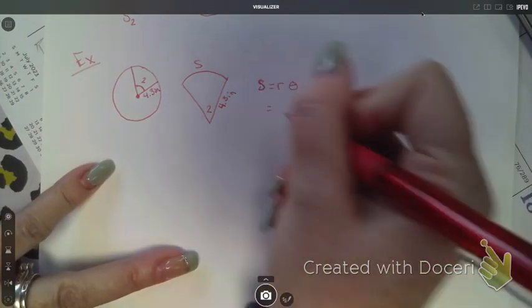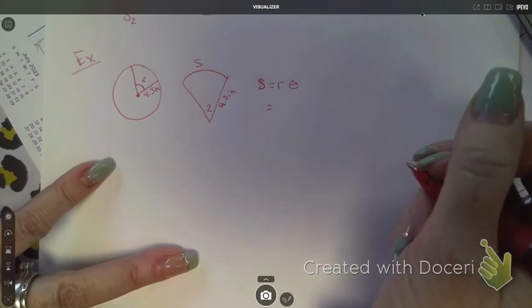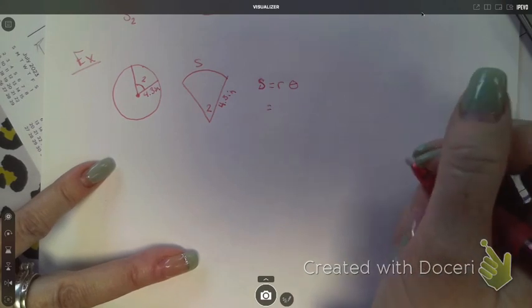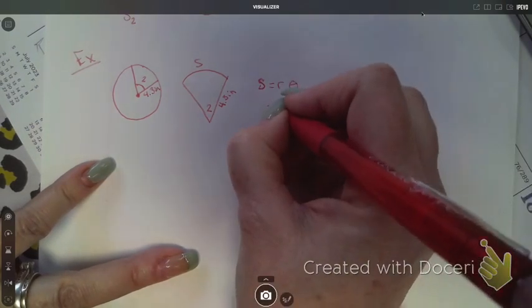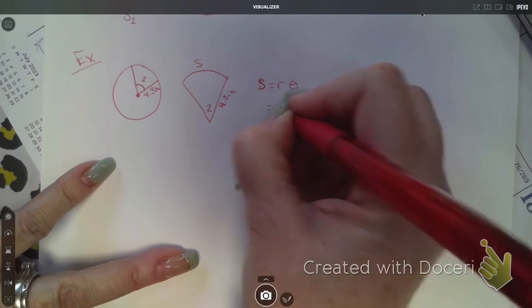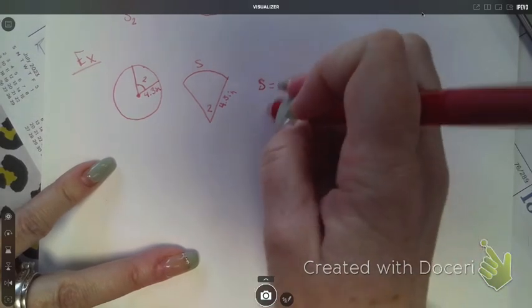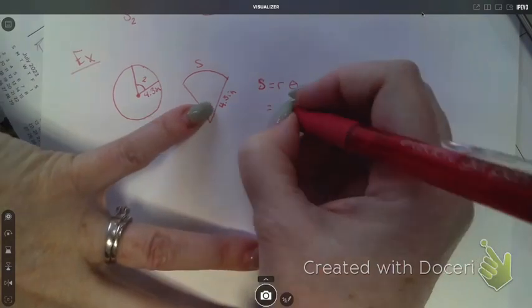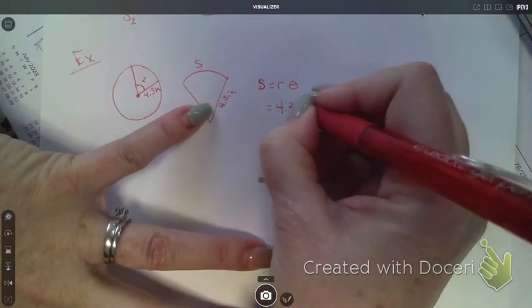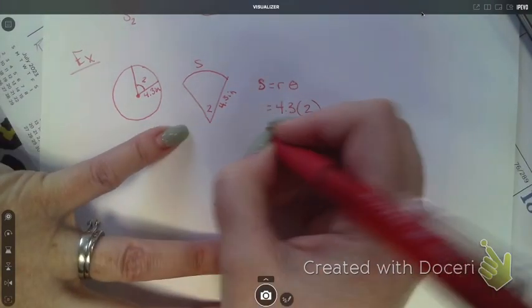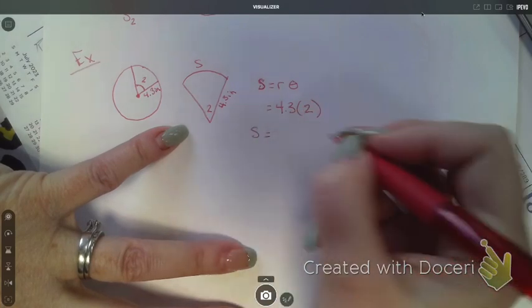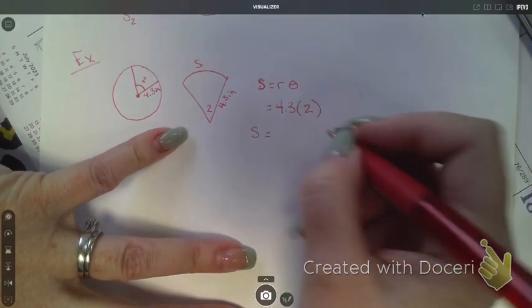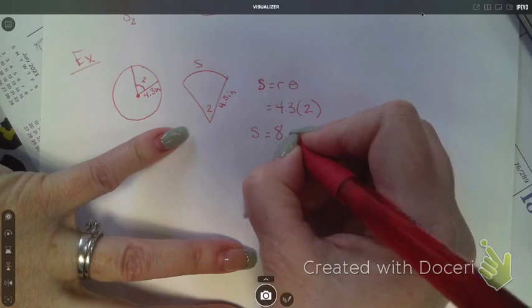Okay, what does theta have to be in? Radians, not R. R is 4.3 and theta is 2. So what is S? 8.6 what?